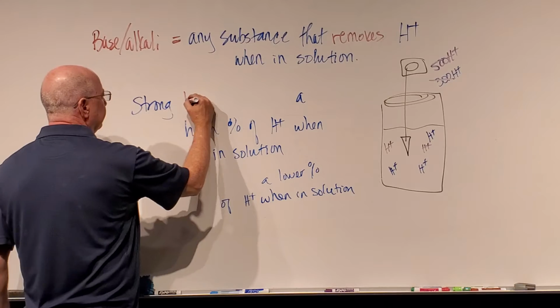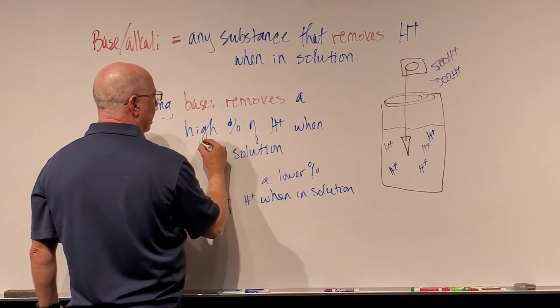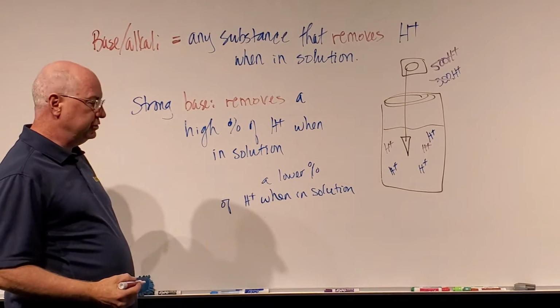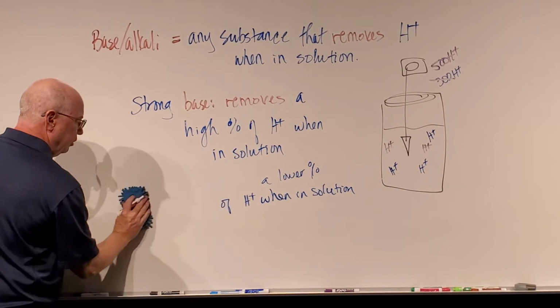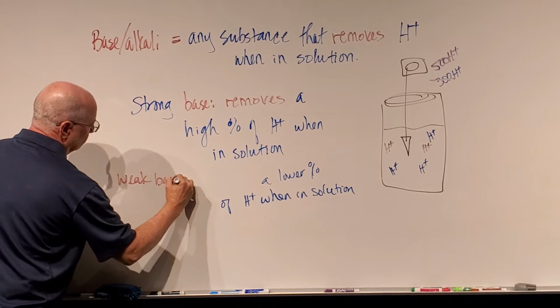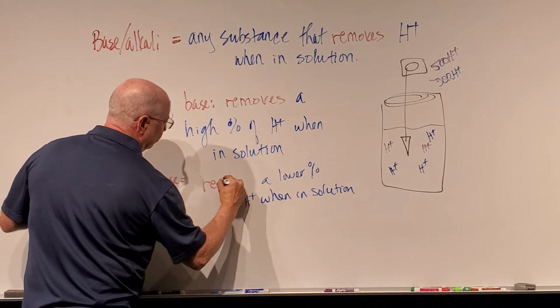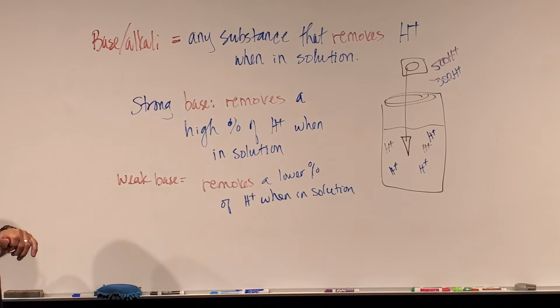And a strong base removes a high percentage of the hydrogen ions when in solution, and a weak base, the lower I get on the board, the harder it is to get my hand in the correct position, will remove a lower percentage of the hydrogen ions in solution.